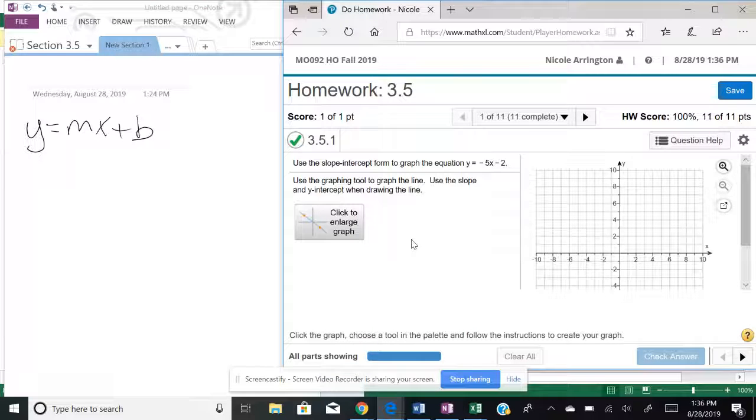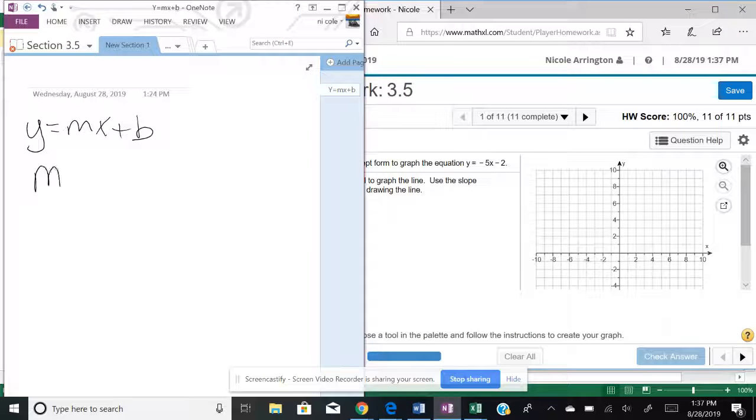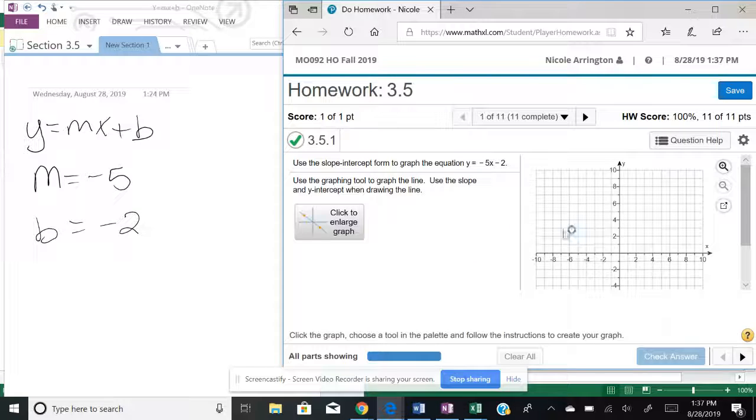On this example problem, you have negative 5x minus 2. My negative 5 is my slope, and my intercept is negative 2. When you take the test, tell me what the slope is. Tell me what the intercept is so I know what's going on.